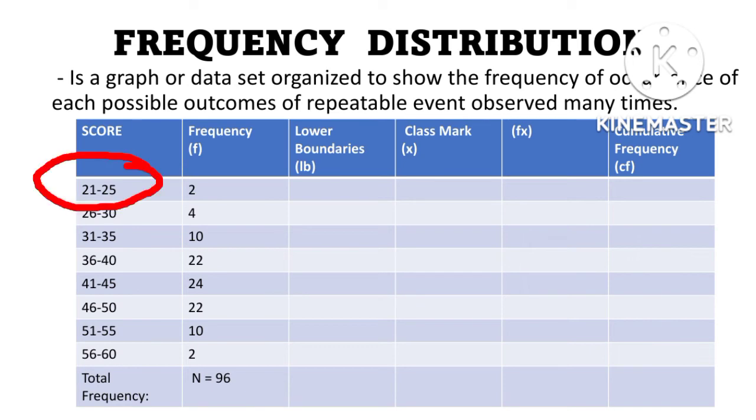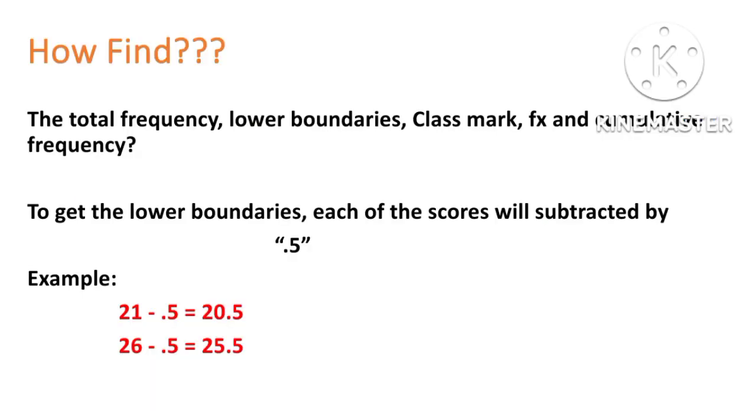We have the score 21. Since we will subtract 0.5, it will become 20.5.